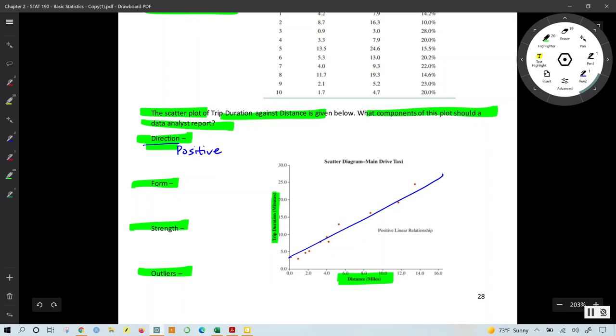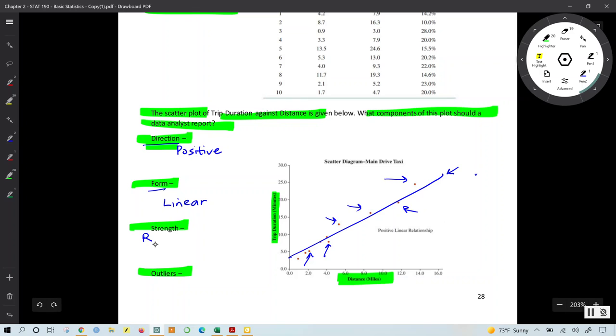Then for the form of the relationship, it could be curved, it could be straight line or linear, it could be something exotic. In this case, this appears to be a linear form of relationship. Then you also talk about the strength of the relationship. That is, how close or clustered around the line are the points?